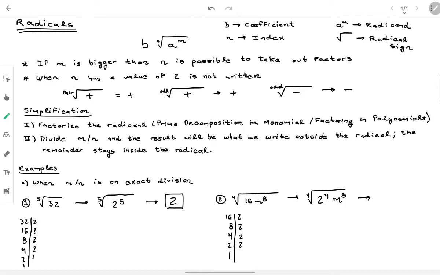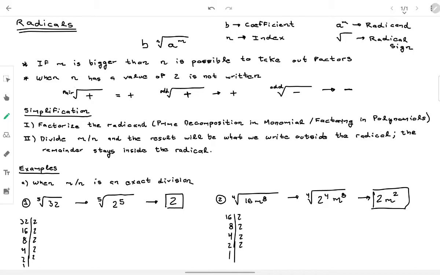Remember, we need to divide the powers of our radical by the index of the root. So 4 divided by 4 is 1, so it's going to be only 2 to the 1. What happens with the m? 8 divided by 4 is exactly 2. So the answer of this specific radical is going to be 2m squared.